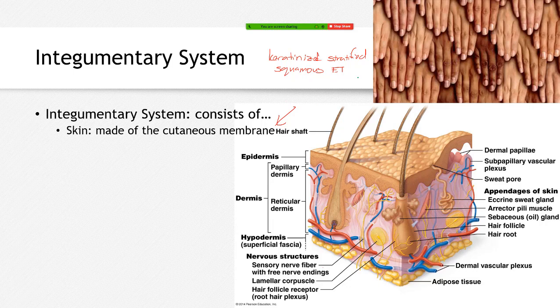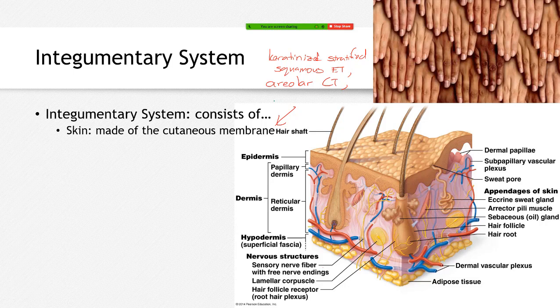Okay. It also has what right underneath it? What's going to be right underneath the epithelium? What kind of connective tissue would be underneath it? Yeah, it would be areolar. Very good. And there's one more. What was that other tissue underneath the areolar connective tissue?